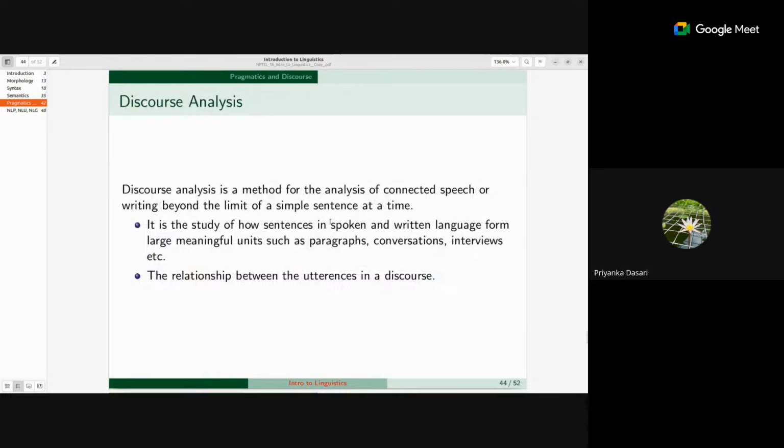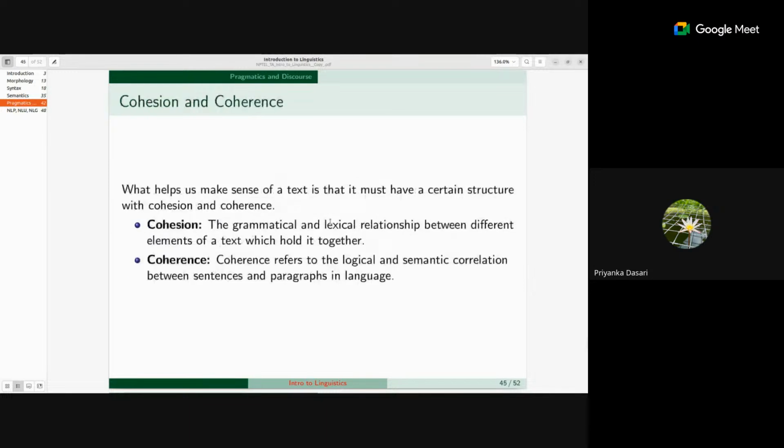Discourse analysis is of connected speech and writing beyond the limit of a simple sentence. It is a study of sentences in spoken and written language, in paragraphs, conversations and interviews, where we can see the relationship between utterances and discourse.